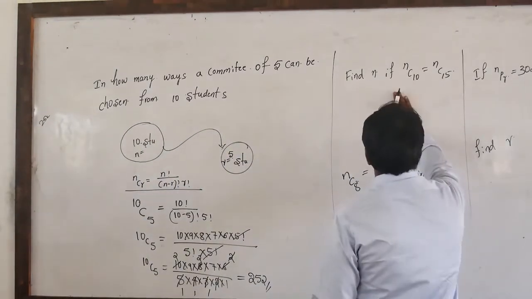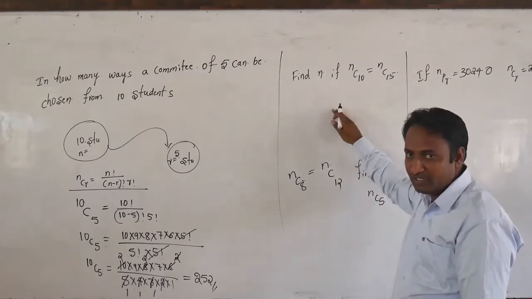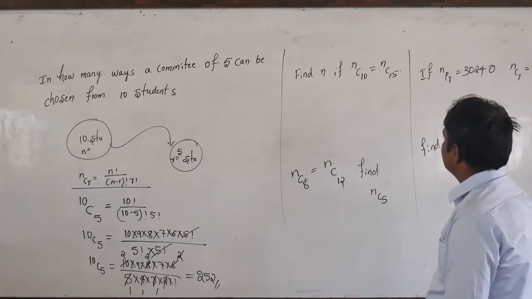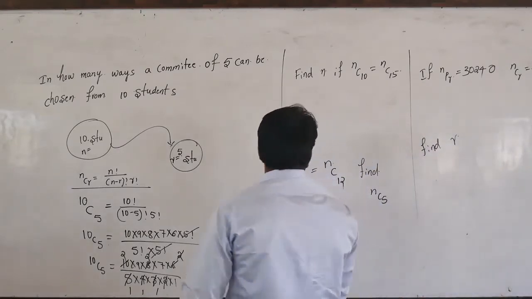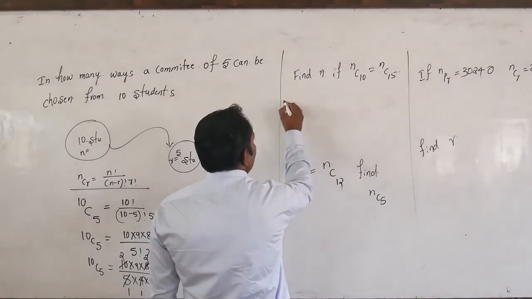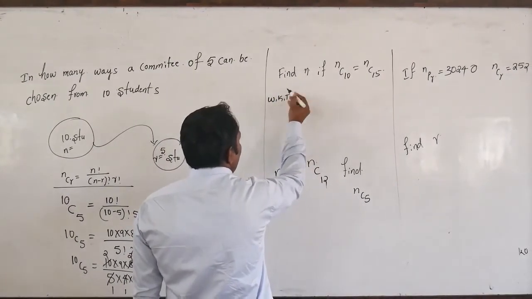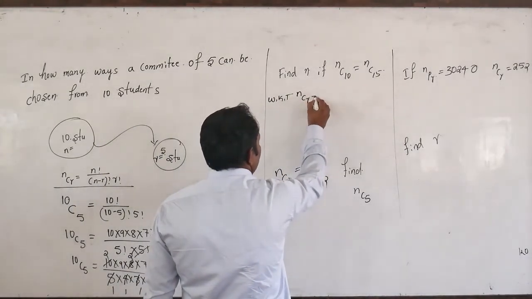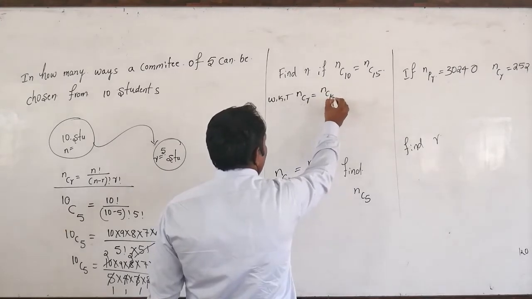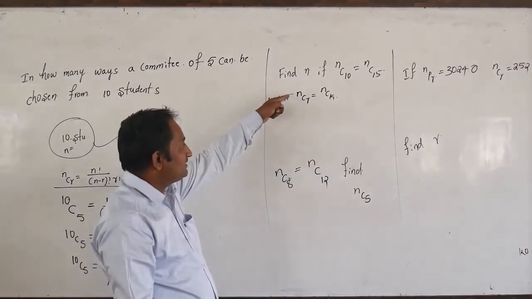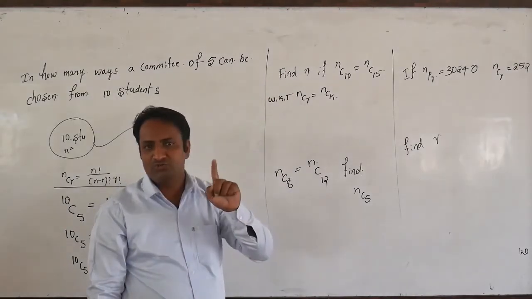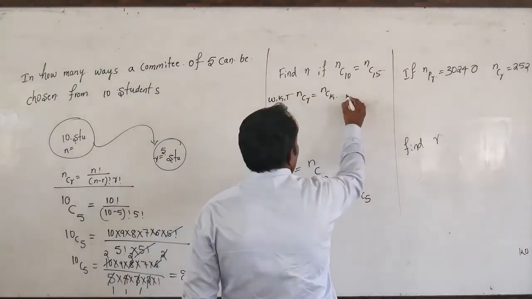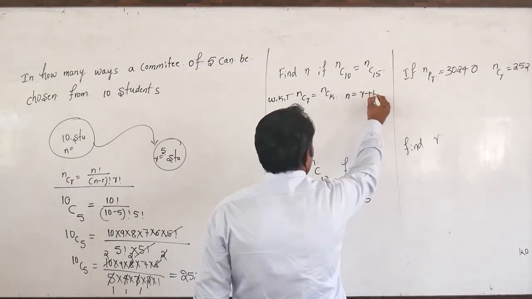Next, regarding ways, find the n value if nC10 is equal to nC15. Here we know one important formula: if nCr is equal to nCk, then the n value is equal to r plus k.